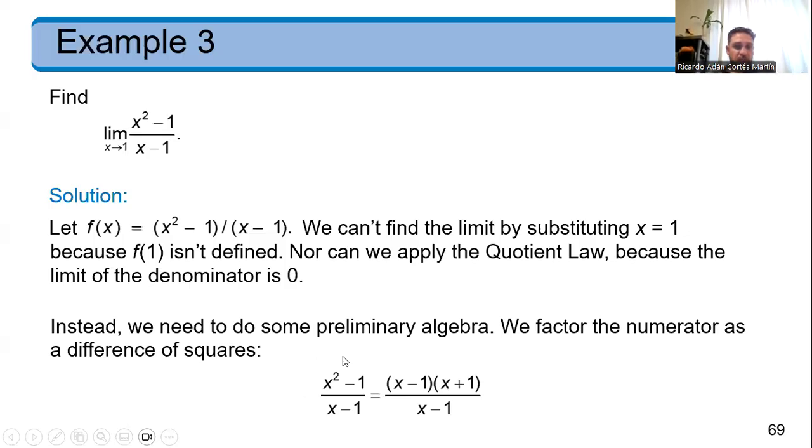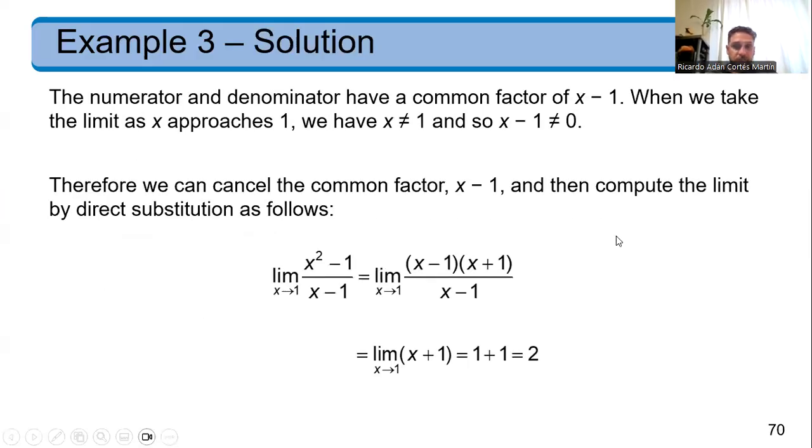Notice that if you have x squared minus 1 over x minus 1, the upper side is a difference of squares, so it can be factored as x minus 1 times x plus 1. And notice what is going to happen: x minus 1 over x minus 1 yields 1. Since they have a common factor, it cancels out, and now we can do a direct substitution of the limit.